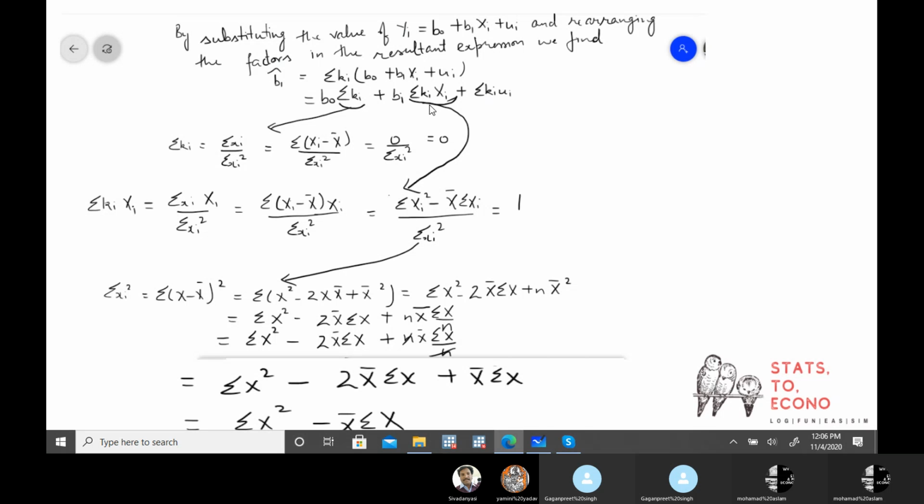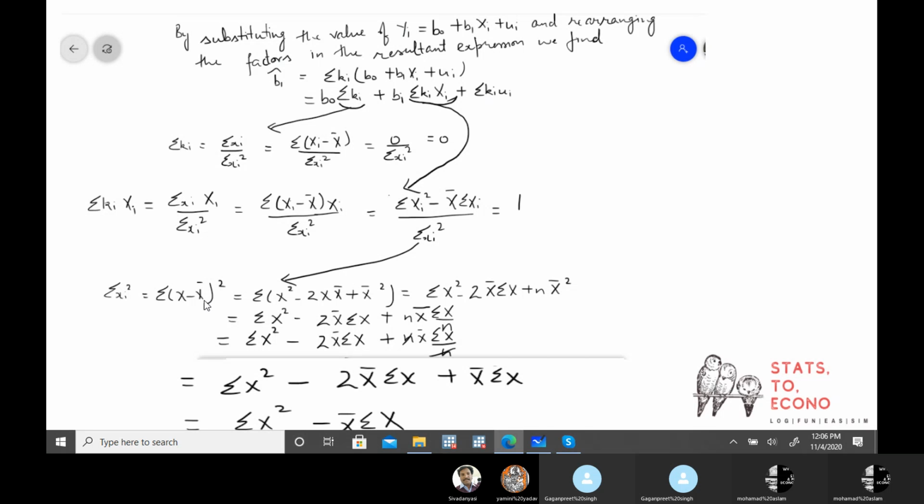Now let's come to the next part, summation ki xi. Now put its value. Small xi is equal to xi minus x mean. Now just open the bracket and take the summation. Its first term is summation xi square. Then in the second case, x mean is a constant, so it's outside the summation, and then summation xi. Now just solve this denominator term.